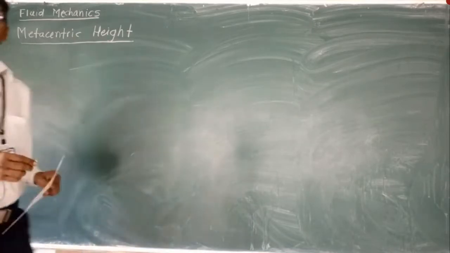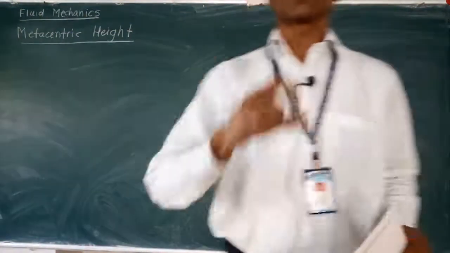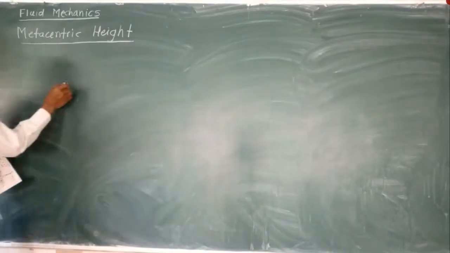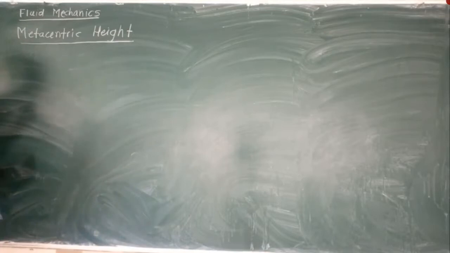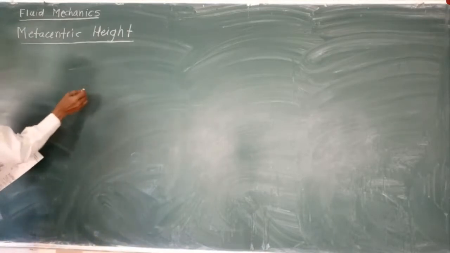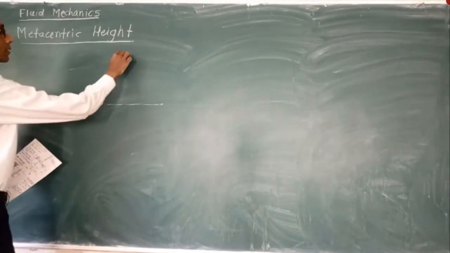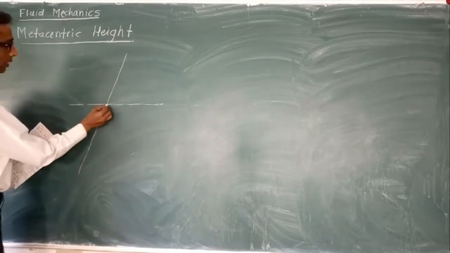So in this case, a triangular prism. When the ship is tilted, the triangular part of that ship is coming out of the water. How? That we will see here. Suppose this is a horizontal line, and this is the axis of the ship which is getting inclined.